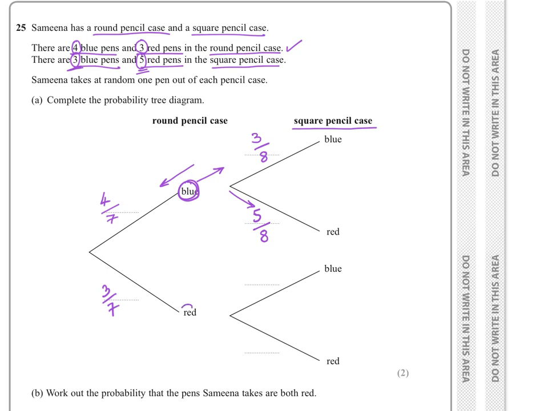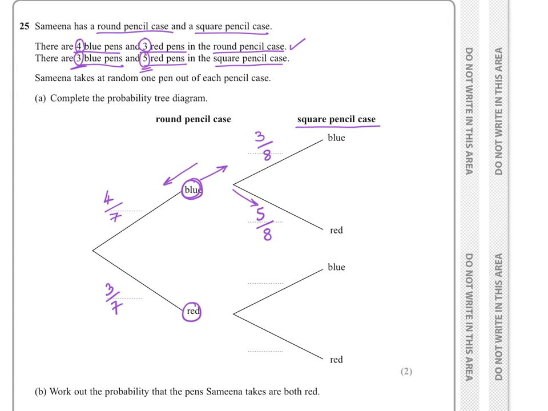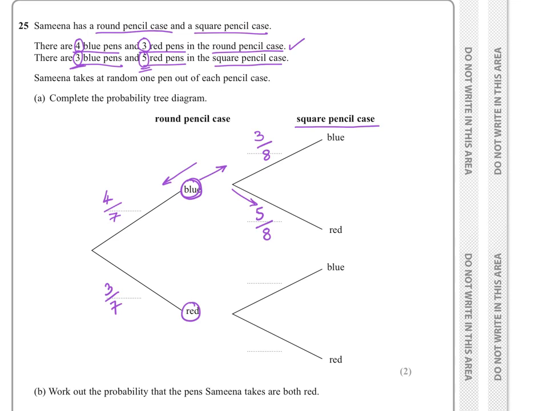If we're taking a red out of the round pencil case, then we'd have to consider the square pencil case situation, and we would still have 8 pencils in the case, and picking a red one out of the round pencil case would have no effect on the square pencil case.